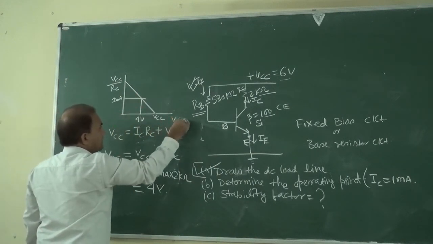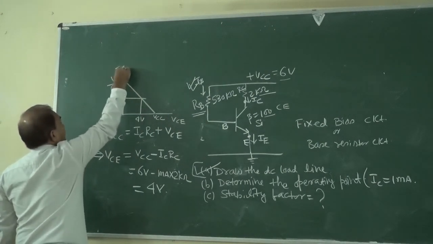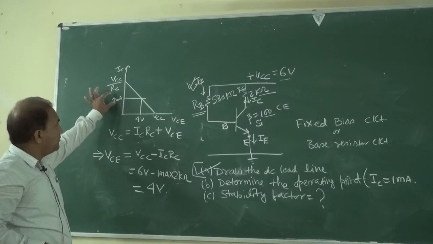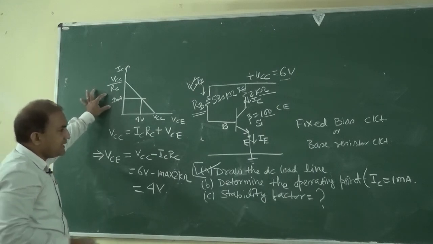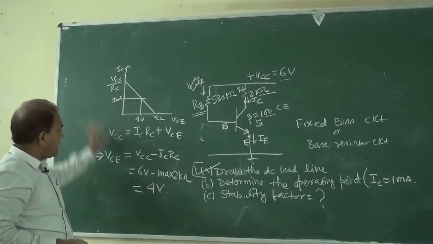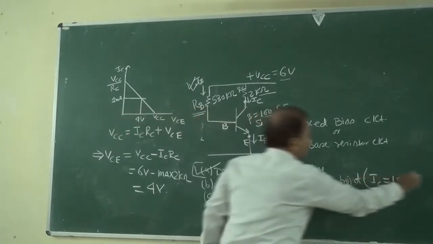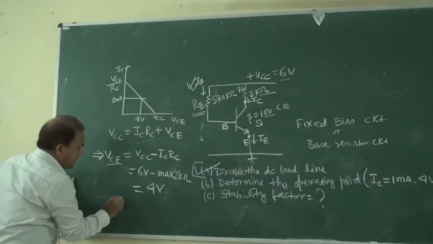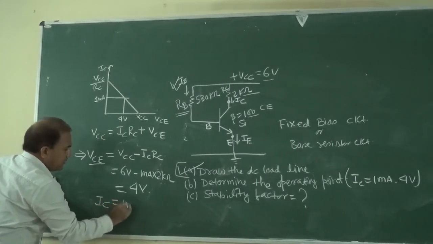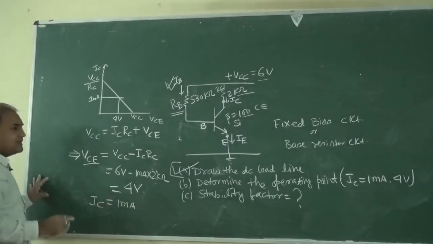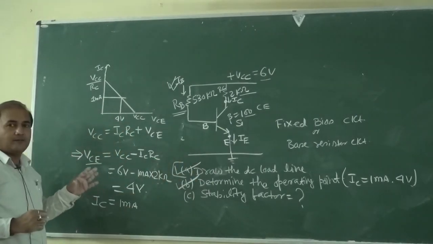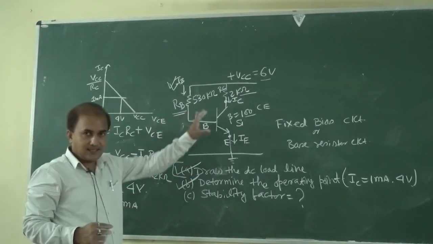This is VCE versus IC. So these are the operating points: IC is 1 milliampere and VCE is 4 volt. So in this way we have determined the operating point of this transistor.